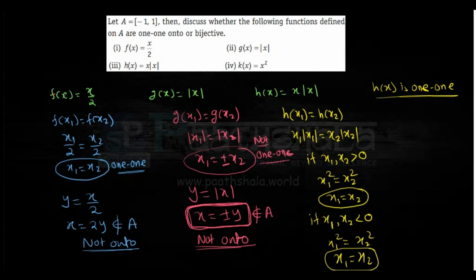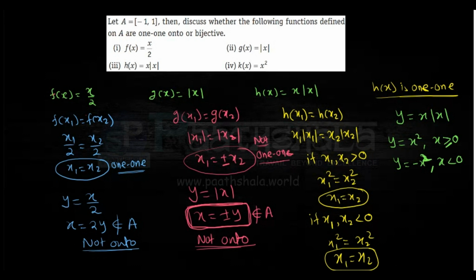For onto we need to consider h of x as y. So y will be x mod x. So for different conditions we can write y equals x square if x is greater than or equal to 0, and y equals minus x square if x is less than 0.